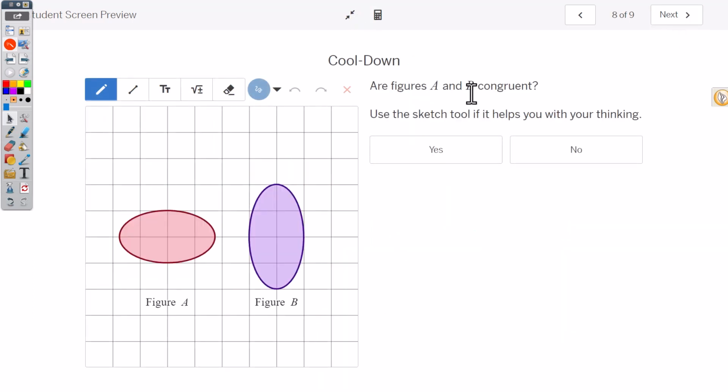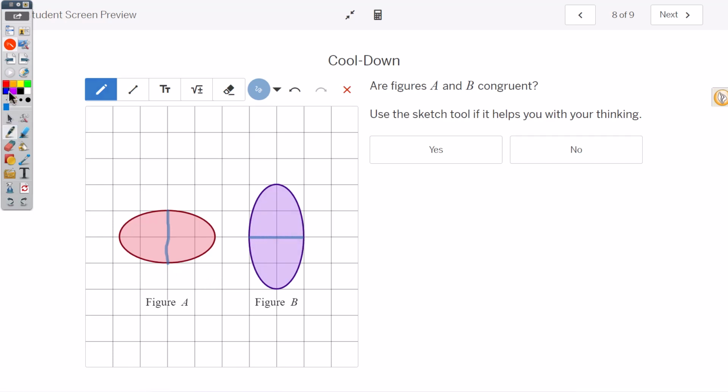So to finish up, if I asked, are figures A and B congruent? I would have to ask myself, is there any way to turn figure A and make it the same as figure B? Now I'm going to look at how wide they are at their skinniest and at their fattest. Figure A from top to bottom looks like it's about 2 units wide, and same for figure B at its skinniest point.